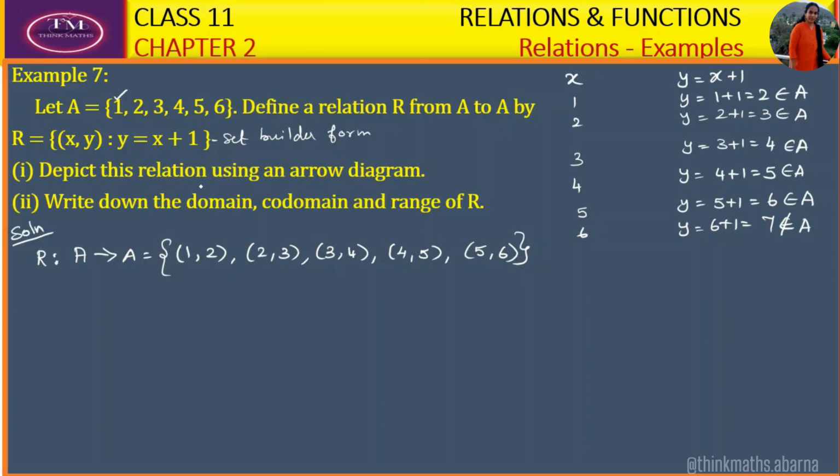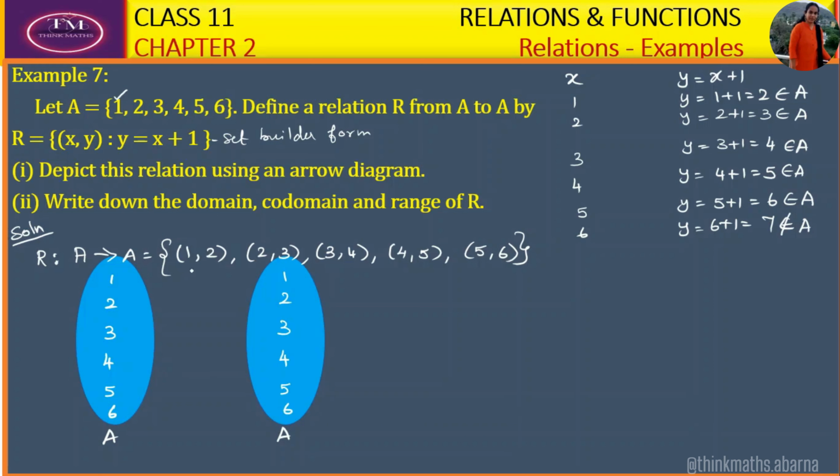Now we have to depict this relation using an arrow diagram. For the arrow diagram, we need oval sheets. So this is the arrow diagram we have to represent. It is from A to A. What are the elements in A? 1, 2, 3, 4, 5, 6. 1 is marked to 2, so mark this 1 to 2.